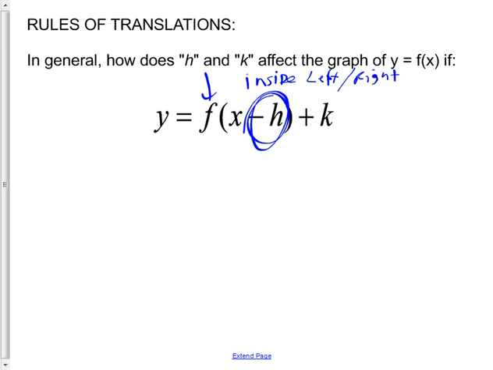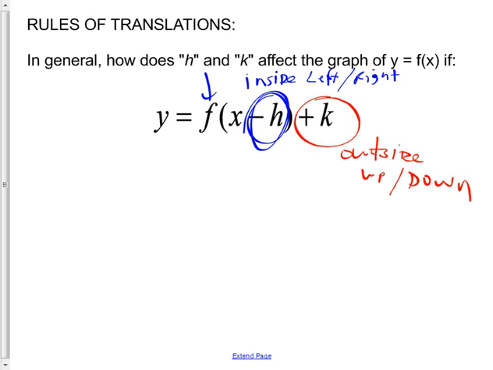This is worthy of you writing down somewhere. Inside is left, right. And the stuff over here on the outside is up, down. Anything that's on the outside of the parentheses or outside of the function is up, down.